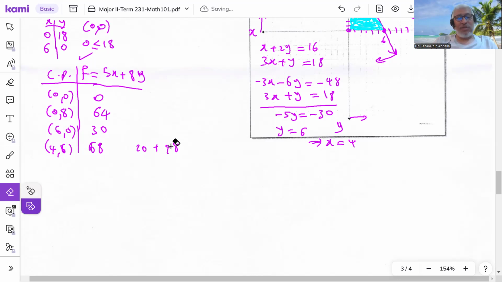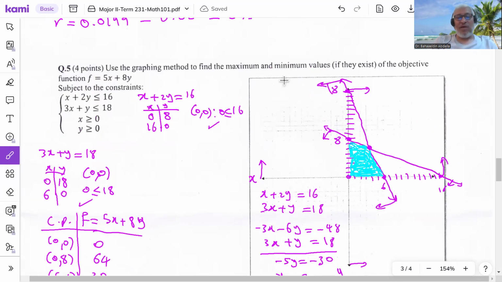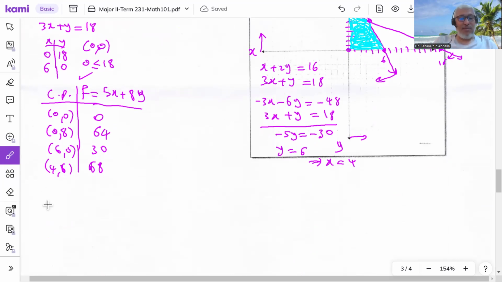Now the question is, find the maximum and the minimum values of f. That's the question. So what is the maximum of f? What is the maximum number here? 68. Where does it happen?